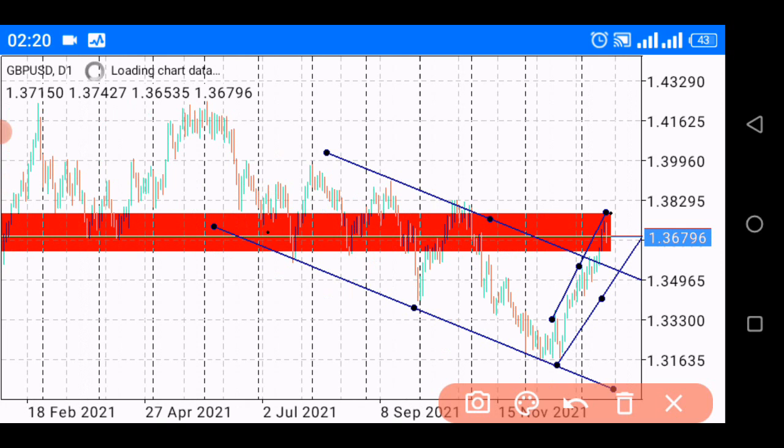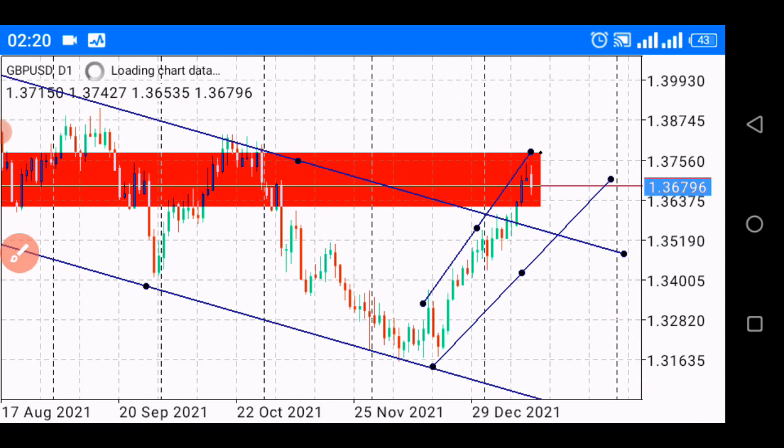Yes, we have the breakout of this channel or anything that you may call it, but here we are having a rejection. It broke out with a momentum candle, but then we have a rejection candle and a confirmation candle, which is an indecision candle. Now the market is going to do two things here.